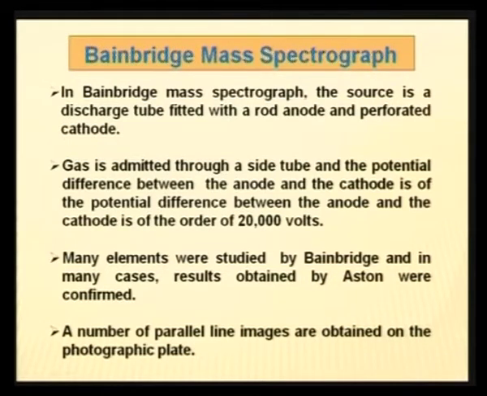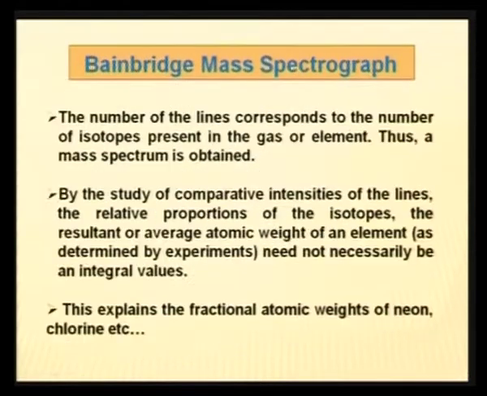A number of parallel line images are obtained on the photographic plate. The number of lines corresponds to the number of isotopes present in the gas or element, because when the mass changes, the track will change. Thus, a mass spectrum is obtained.